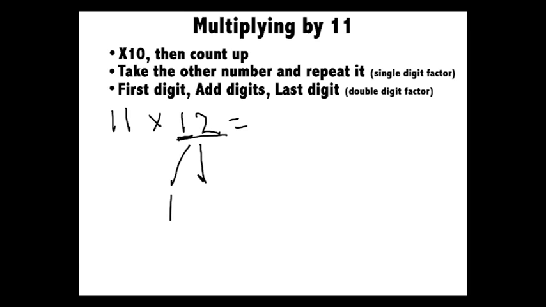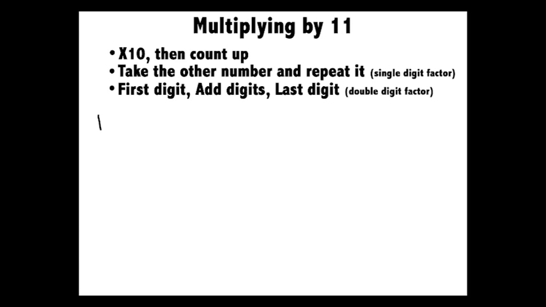For the next number, I'm going to take my 2 digits, 1 and 2, and add them together. 1 plus 2 is 3. Then for my next number in my answer, I'm going to take the last number in my other factor, which is a 2, and there's my answer. 11 times 12 is 132.